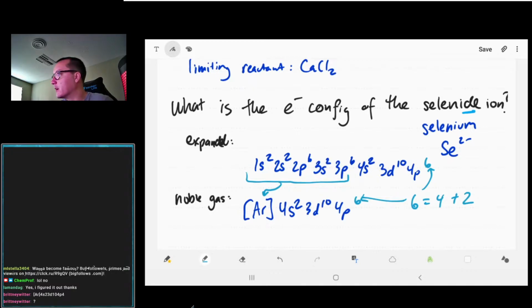Okay, let's see. What else can we do with electron configurations? Honestly, there's not much. I mean, if there's more specific stuff that we'd like to go over with electron configurations, we can. But I mean, it's kind of, I can ask you the configuration.